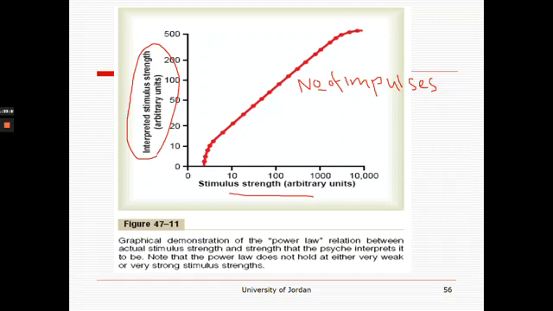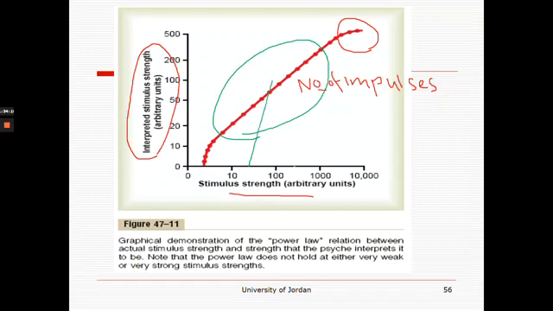Note that the power law does not hold at either very weak, because here you get almost a plateau, or very strong. This is the highest sensitivity area. Any change in the strength here will cause a large change in the number of impulses.